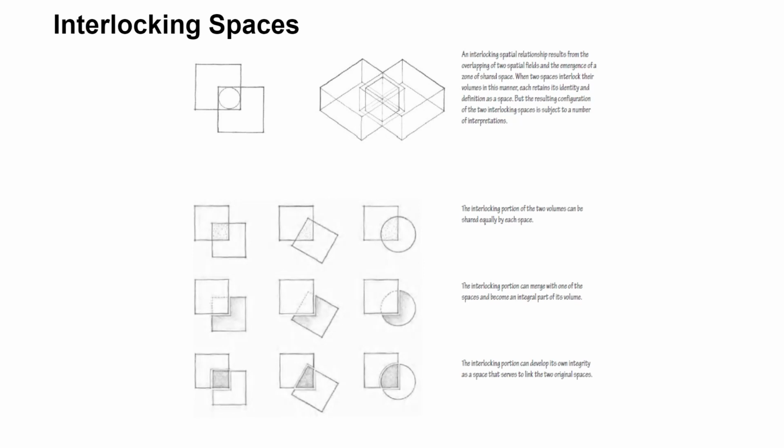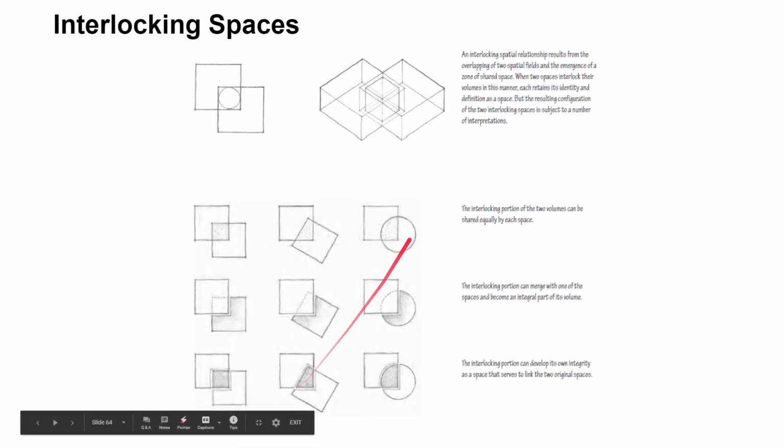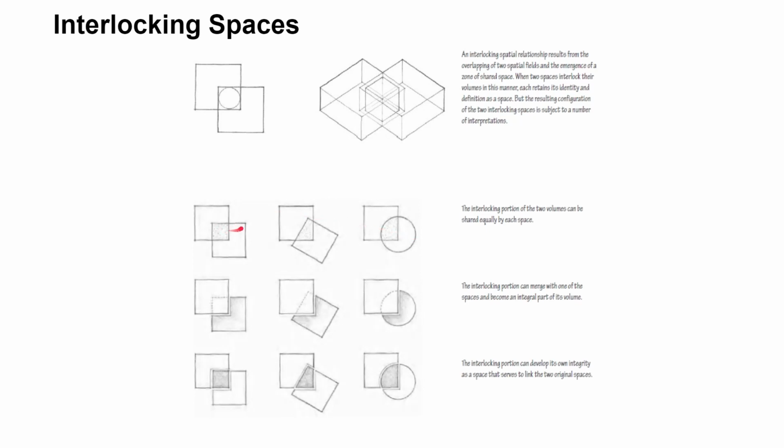The interlocking portion of the two volumes can be shared equally by the spaces. So we have examples here of how the interlocking portion of the two volumes can be shared equally by the space.